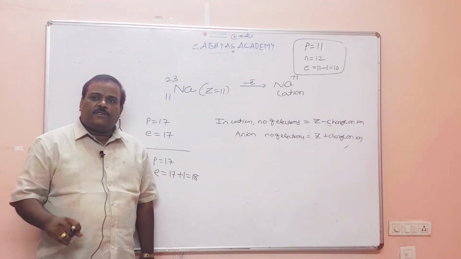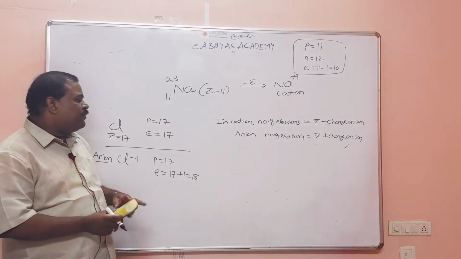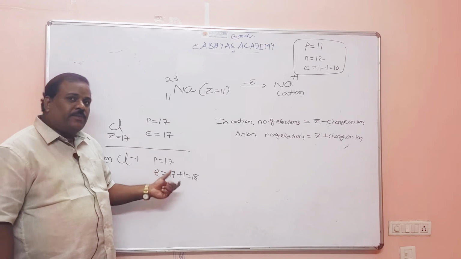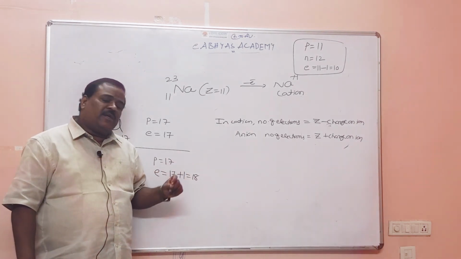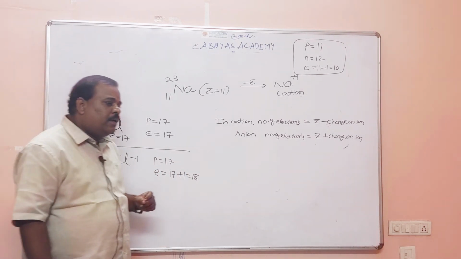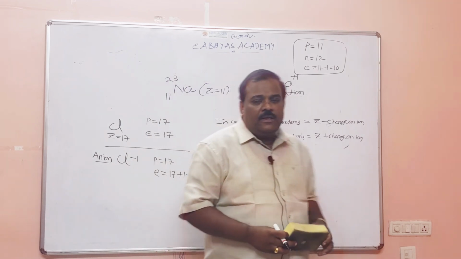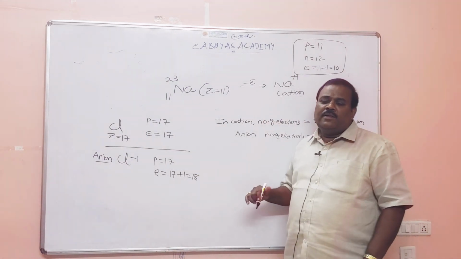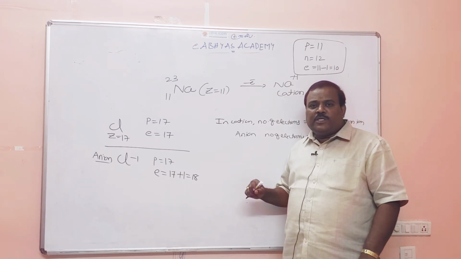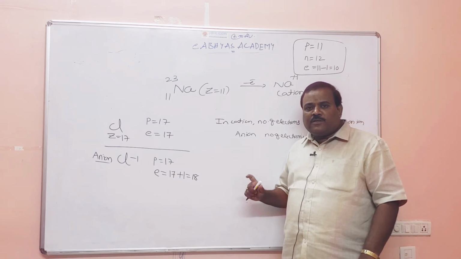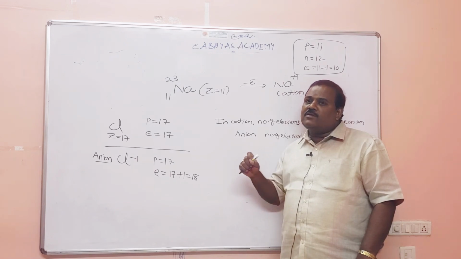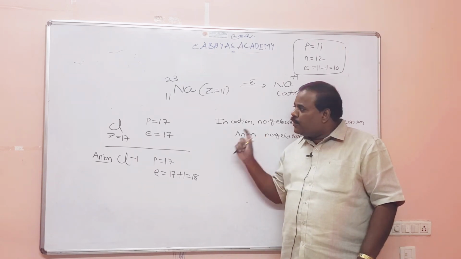Z minus charge on ion will give the number of electrons in a cation. Z means what? Atomic number. Z plus charge on ion will give the number of electrons in an anion. Thus in a cation and anion, there will be no change in protons and neutrons, but there will be a change in electrons only. That point is very important.